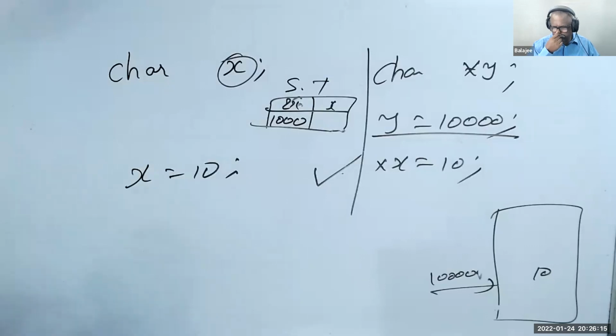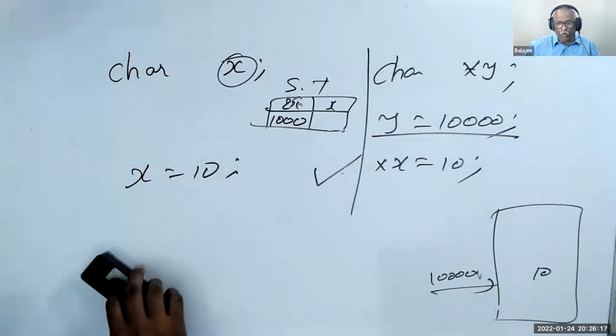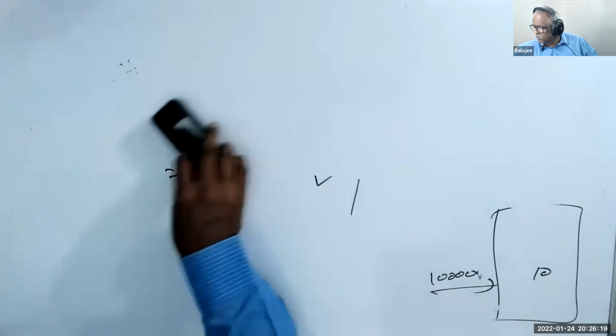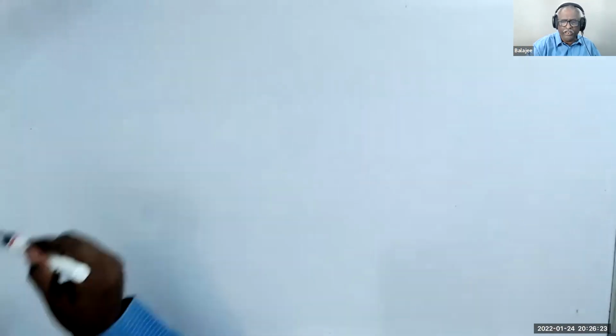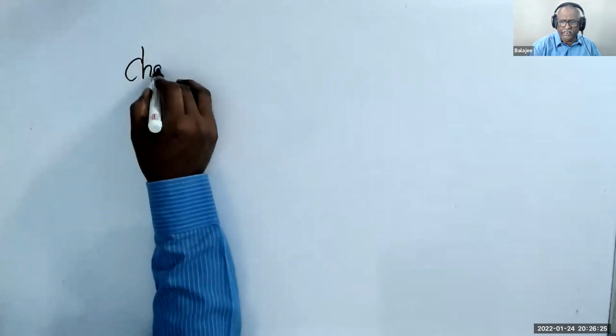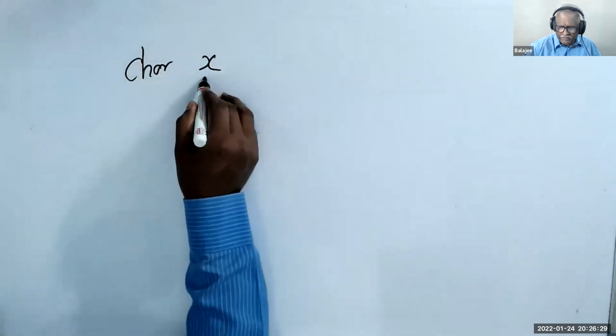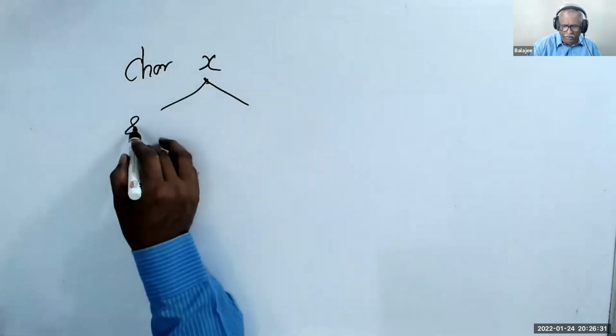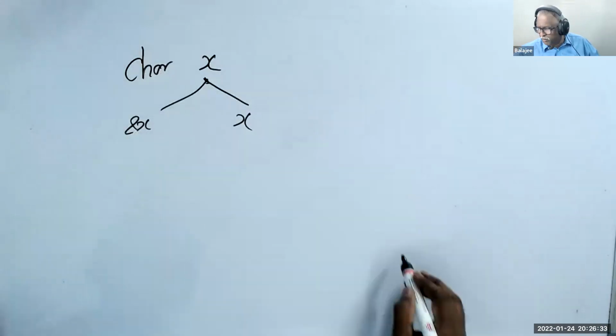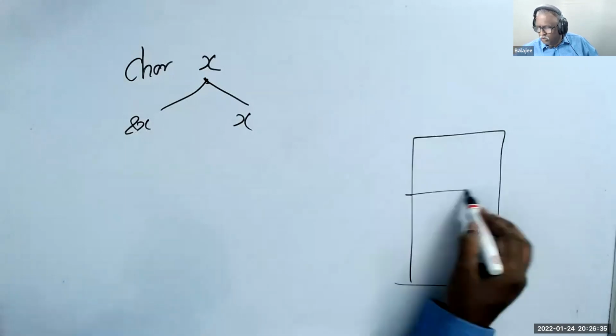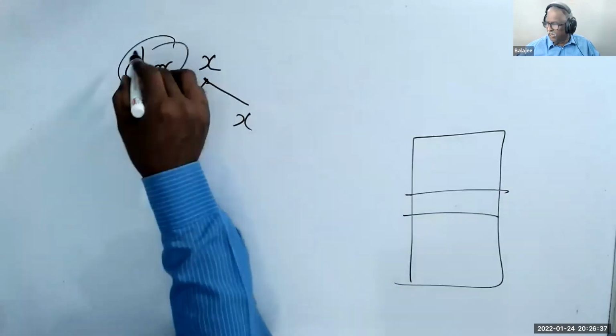Now, I'll give you one more small thing. This is the trick. When I put char x, what happens? For x, the address is allocated by the compiler, and x is stored in the memory. Since you put char, it allocates only 1 byte.